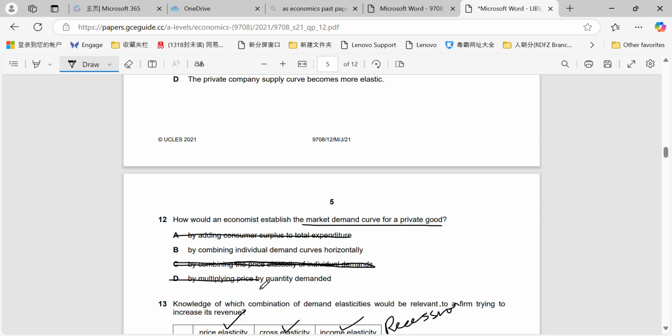And price multiplied by quantity is just a method of calculating revenue. It has nothing to do with calculating market demand. So all we're left with is combining or summing, which is what we said the market demand curve is: the individual demand curves summed horizontally, and the total sum of them is going to give us the shape of the market demand curve.